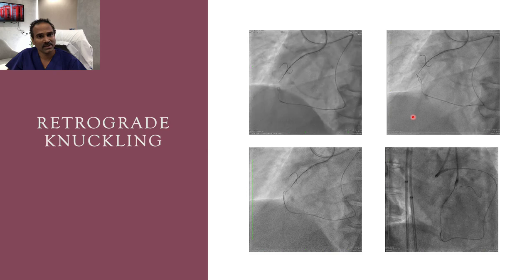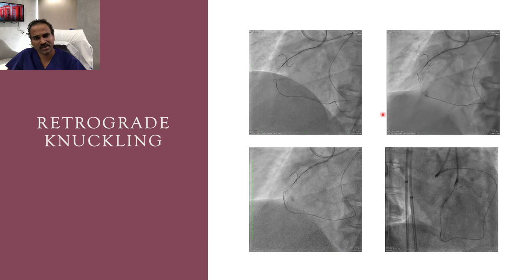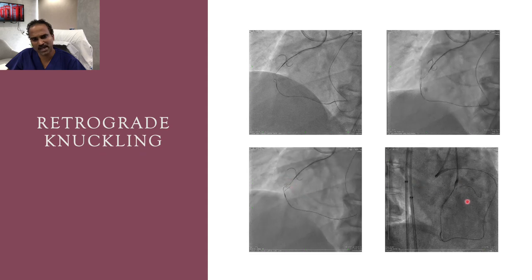So we did retrograde knuckling with the Pilot 50 wire. You can see the microcatheter is just getting advanced over the knuckle, and we further advanced the knuckle up to this point as planned, 4 to 5 millimeter beyond the proximal cap.